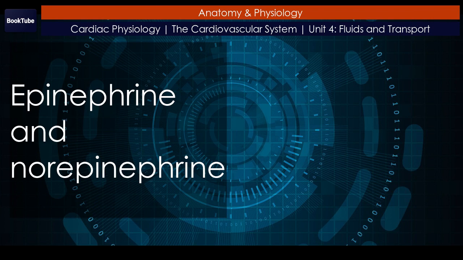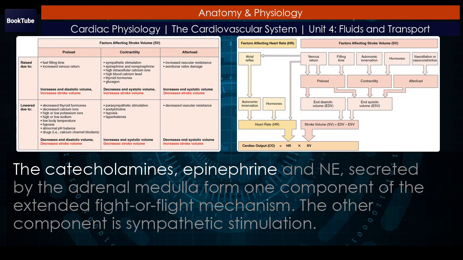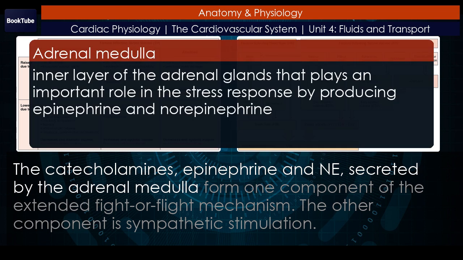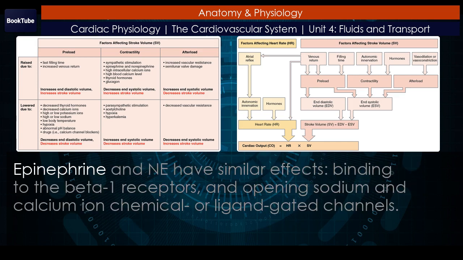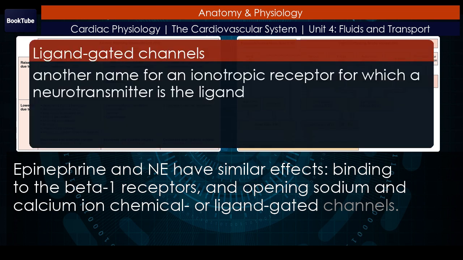Epinephrine and norepinephrine, the catecholamines, epinephrine and NA, secreted by the adrenal medulla, form one component of the extended fight or flight mechanism. The other component is sympathetic stimulation. Epinephrine and NA have similar effects, binding to the beta-1 receptors, and opening sodium and calcium ion chemical or ligand-gated channels.